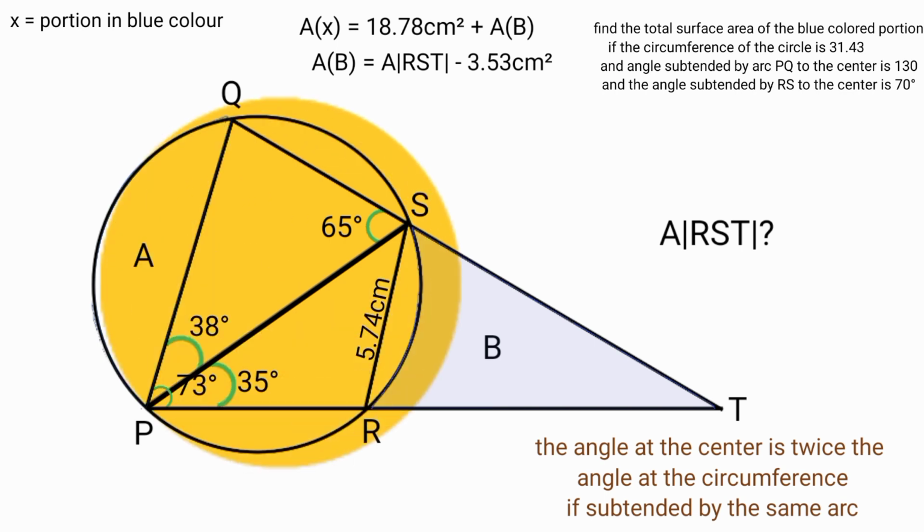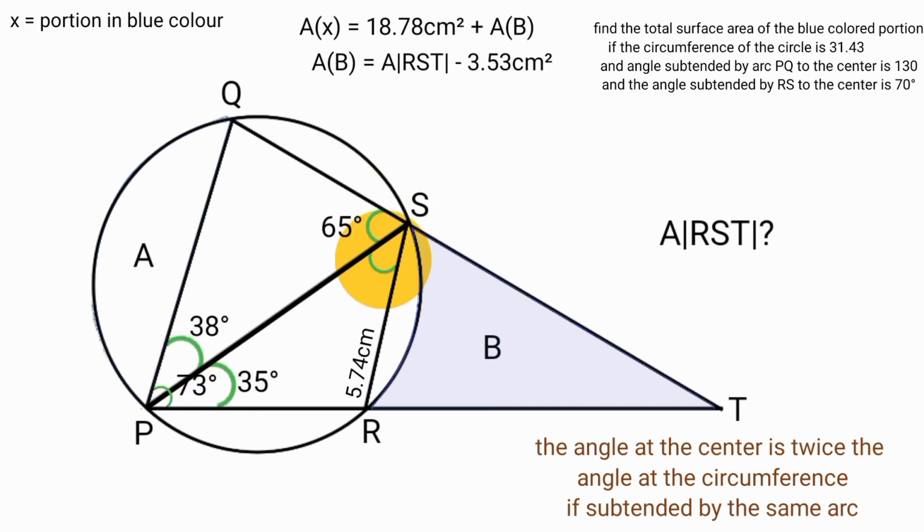So now from this quadrilateral here, we know that in any quadrilateral which has all 4 of its vertices touching the circumference of a circle, the sum of opposite angles must be equal to 180 degrees. So that means the sum of this angle here and this angle must be equal to 180 degrees.